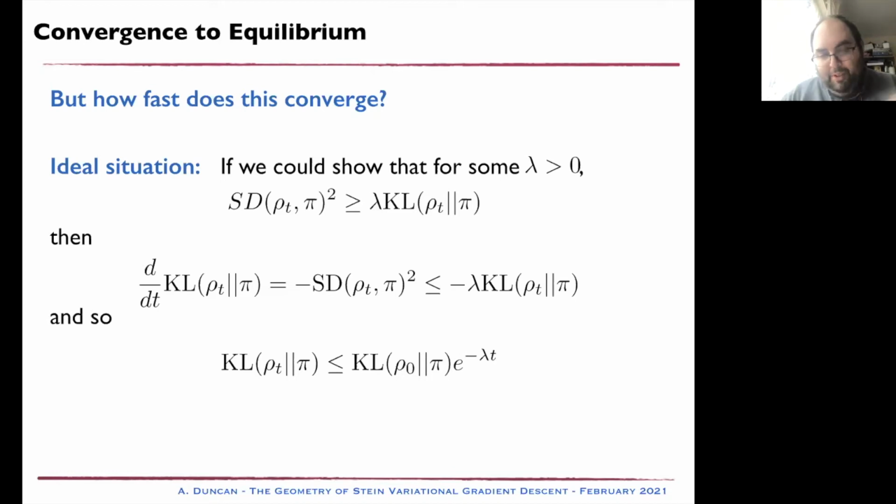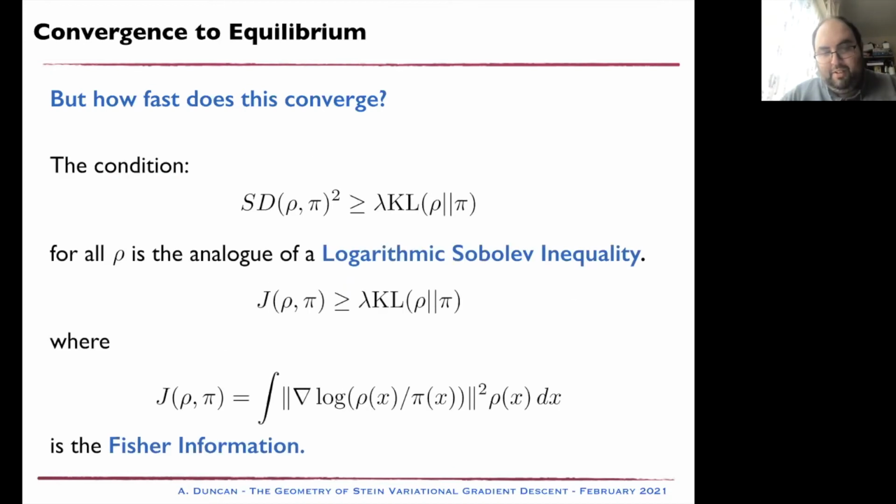And that's kind of the reason I brought this up: this has a very natural analogy, which is very well studied in this field, and that's namely the logarithmic Sobolev inequality. This is slightly different. This inequality says that the Fisher information between rho and pi is greater than or equal to, say, lambda times the KL between rho and pi.